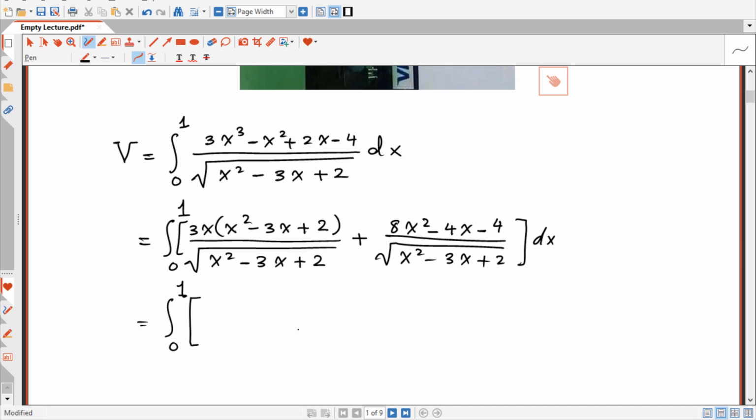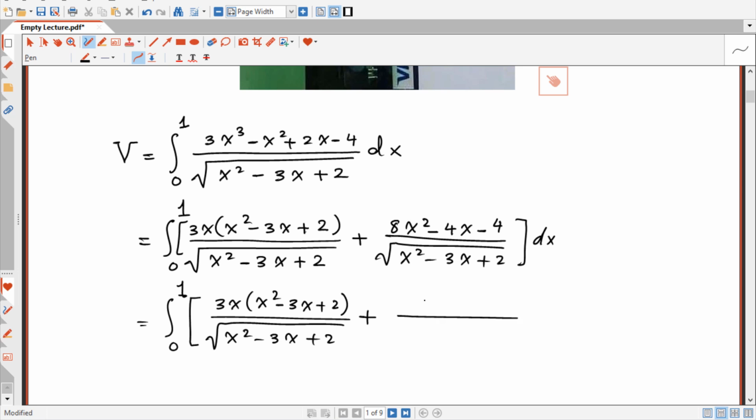I will put a bracket here, and then 3x times x squared minus 3x plus 2 divided by the square root of x squared minus 3x plus 2, and then I will add another term, which is x squared minus 3x plus 2, the exact quadratic term in the denominator, and multiply it by 8 to get the first term, 8x squared, divided by the square root of x squared minus 3x plus 2. Then I will add the extra terms.